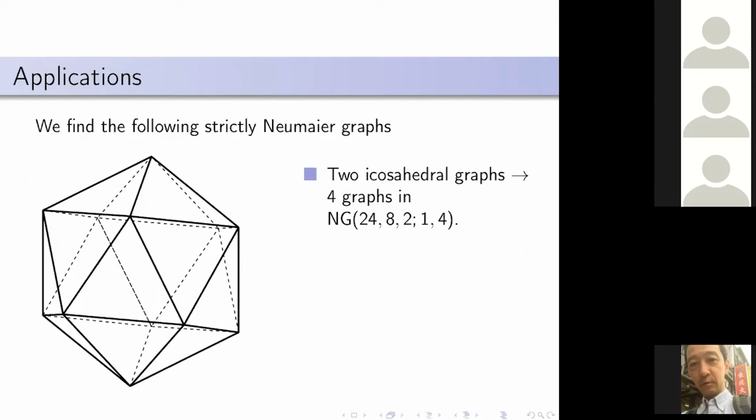Let me go over some small examples. So if we take two icosahedral graphs and stick them together, we get the graph that Martin nicely illustrated on 24 vertices. And actually, if we stick the edges on with different permutations, we get 4 non-isomorphic graphs with 24 vertices.